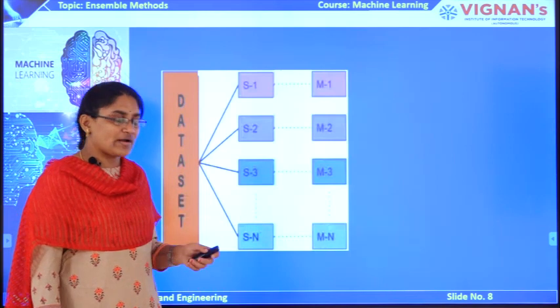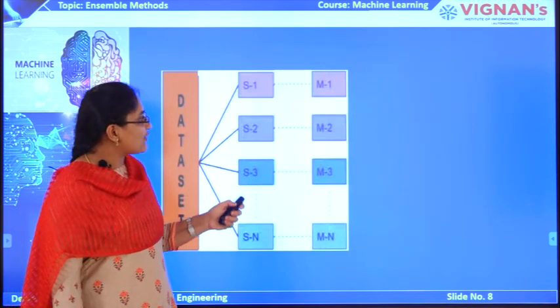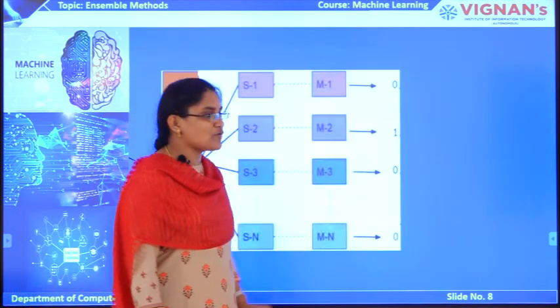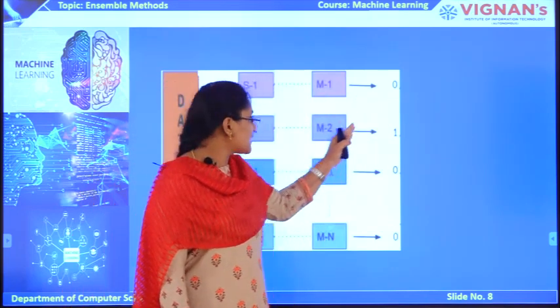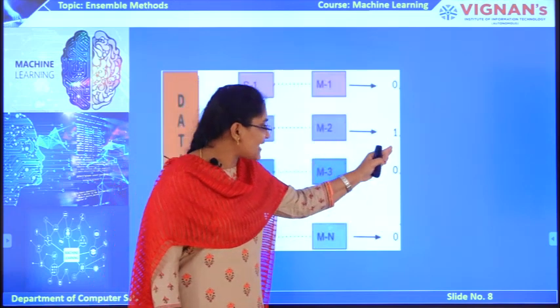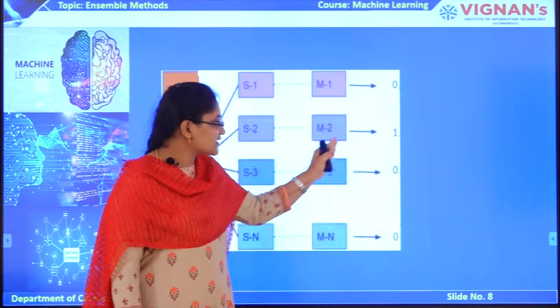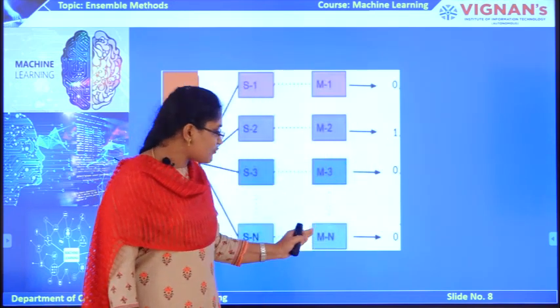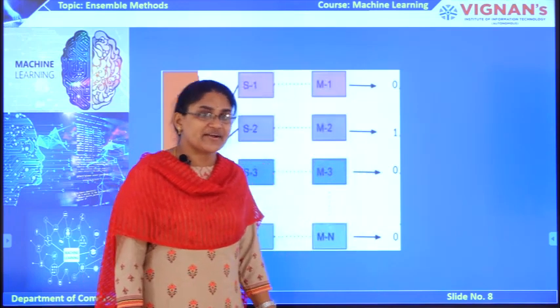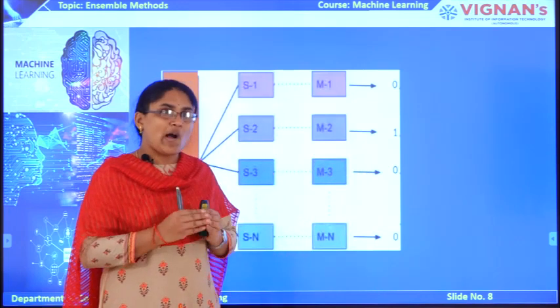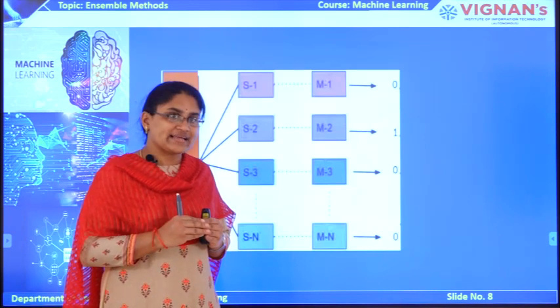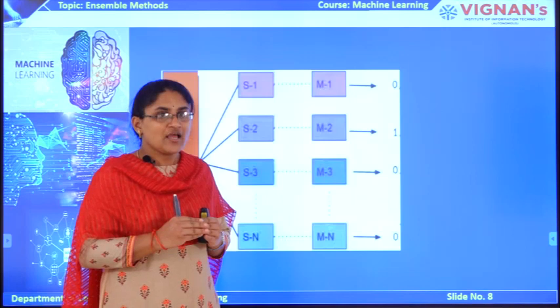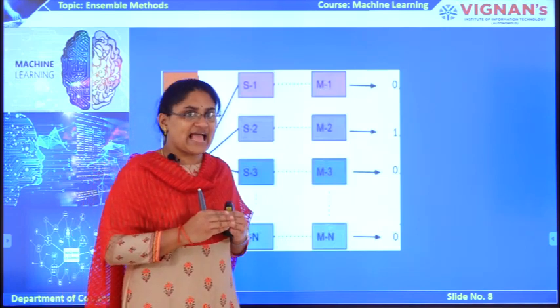After building the models, I have to make the predictions for all the models. Here model 1 predicts 0, model 2 gives 1 as a prediction, model 3 gives 0, and model n gives 0. Okay, after getting all the predictions of the models, I have to apply the voting classifier or the aggregation. Here I want to apply the voting classifier.